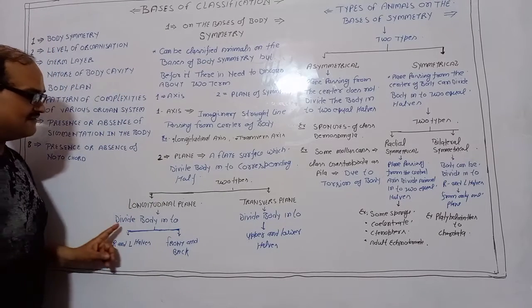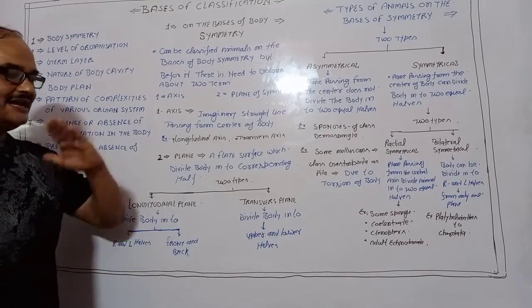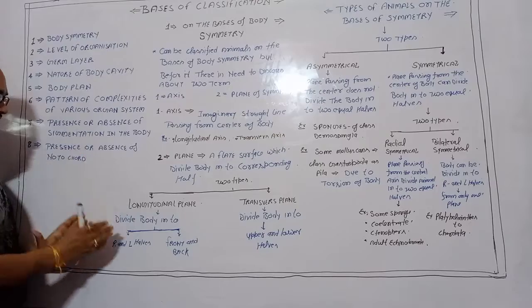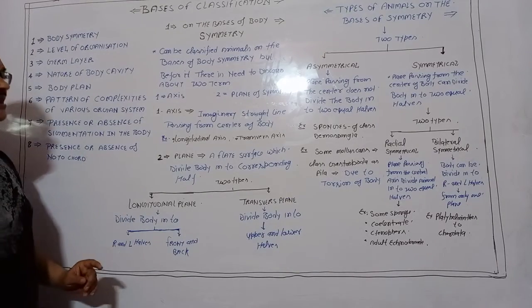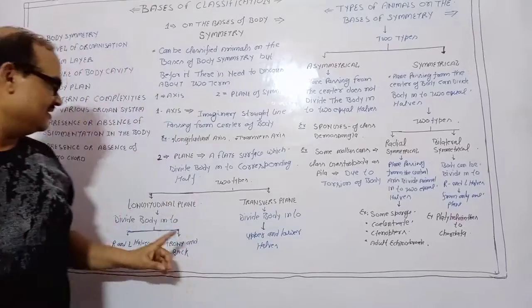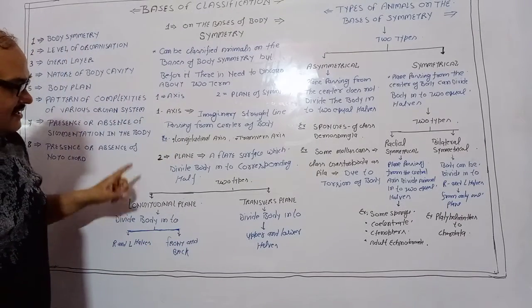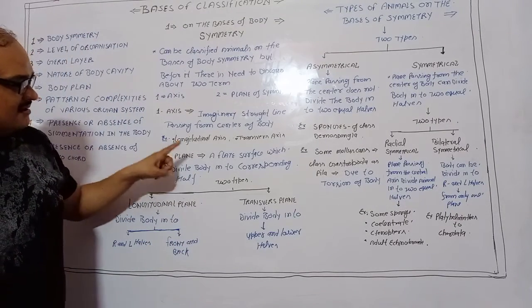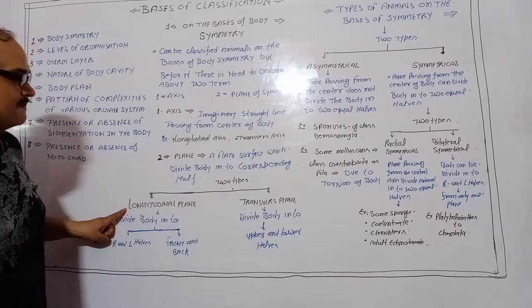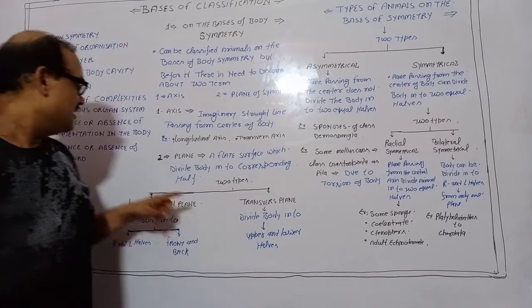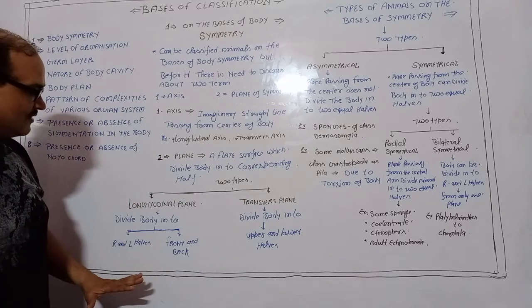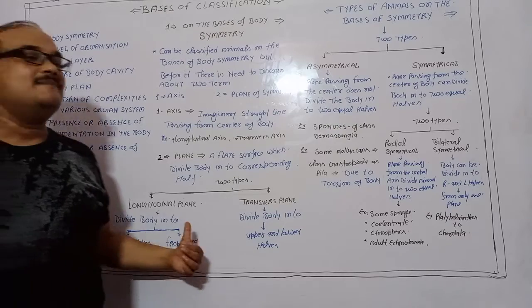Planes are also of two types: first, longitudinal plane, and second, transverse plane. A longitudinal plane divides the body into right and left halves, or front and back.